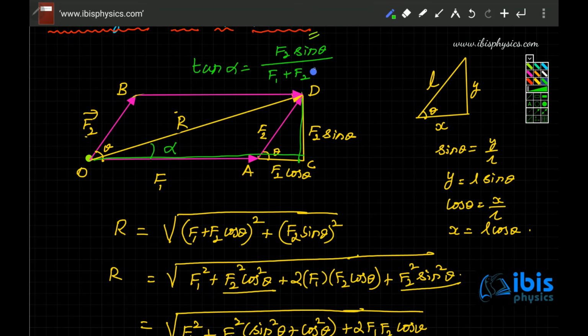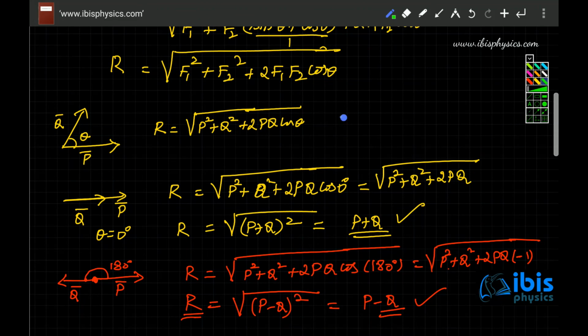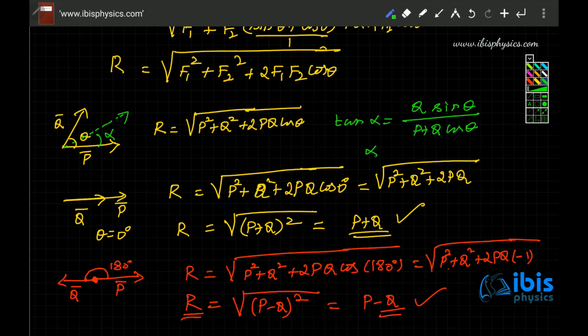If we generalize that as P and Q, the angle of the resultant vector's direction with respect to this vector is tan alpha equal to Q sin theta by P plus Q cos theta, or alpha equals tan inverse of Q sin theta by P plus Q cos theta.